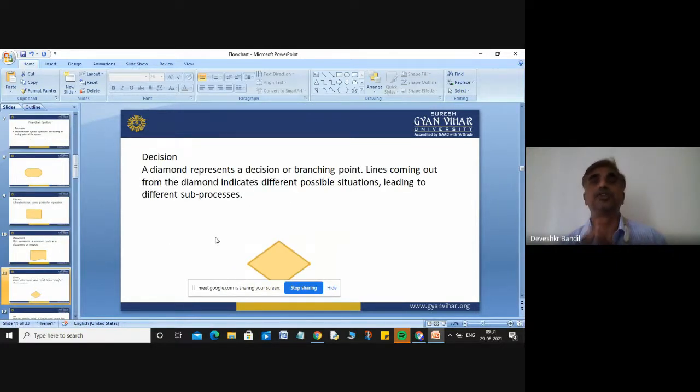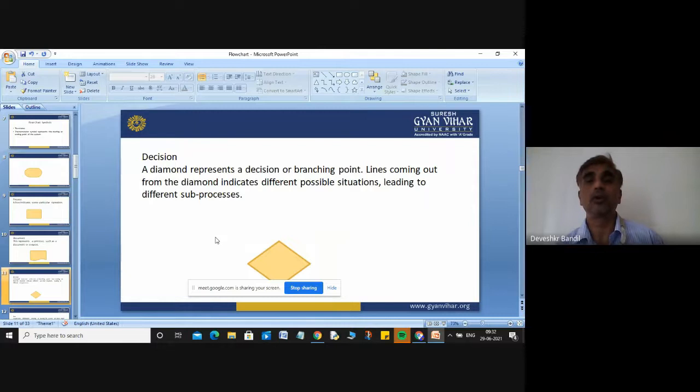And now a decision. Decision is one of the most important symbols of your flowchart. A diamond shape represents a decision or a branching point. When you solve a problem, suppose there is one statement in your algorithm: if Mohan will come, then Shyam will go. Means Shyam going depends on Mohan. If Mohan comes, then Shyam will go.